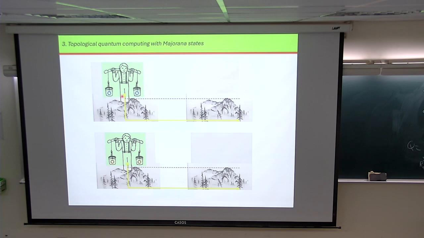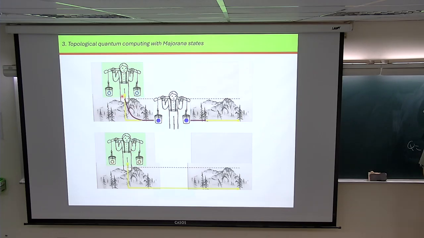Now, you have a dot, and when you elongate this dot, these Majoranas get farther and farther apart, and the farther away they get from each other, the closer to zero energy they get. So you go down to the river. Let's say that this is zero energy. This river is full of Cooper pairs. It's the condensate, the energy of the condensate.